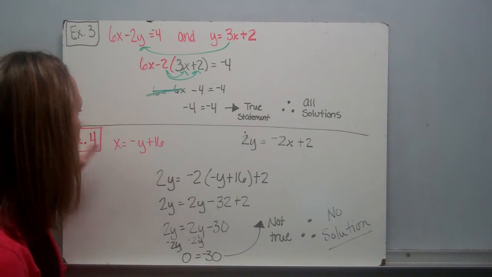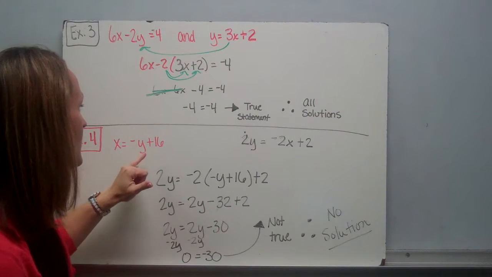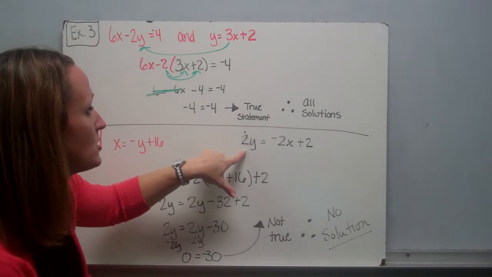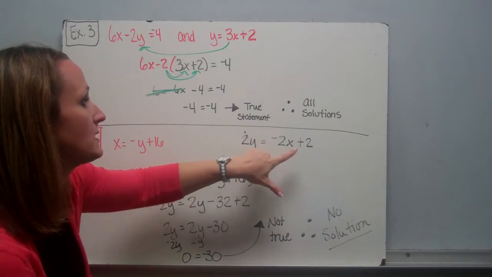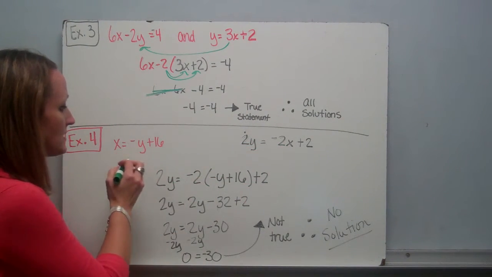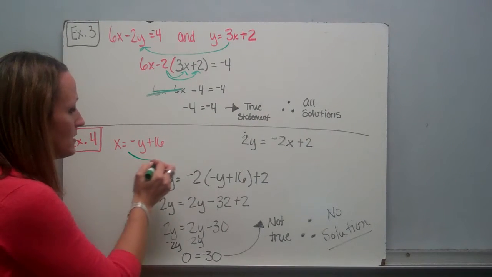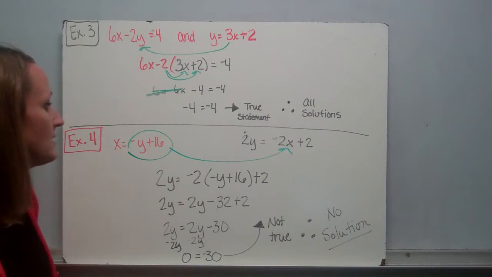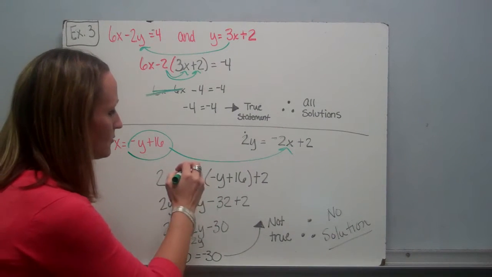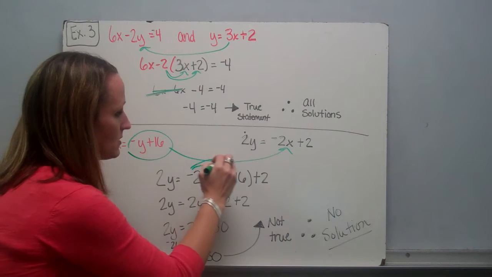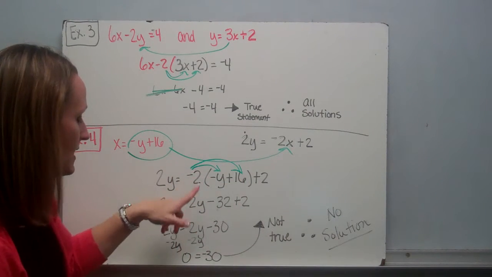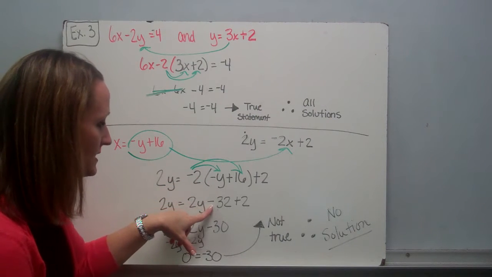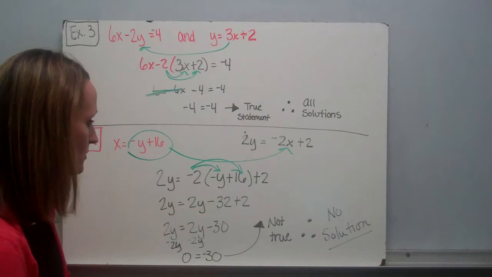All right, what about this one? x equals negative y plus 16. Look, we're going to have that isolated variable here. And 2y equals negative 2x plus 2. So I'm going to take this value here and plug it in here because I already have an isolated variable. So when I plug it in, once again, distribute so that I end up with 2y, because we have a negative times a negative, minus 32 plus 2.